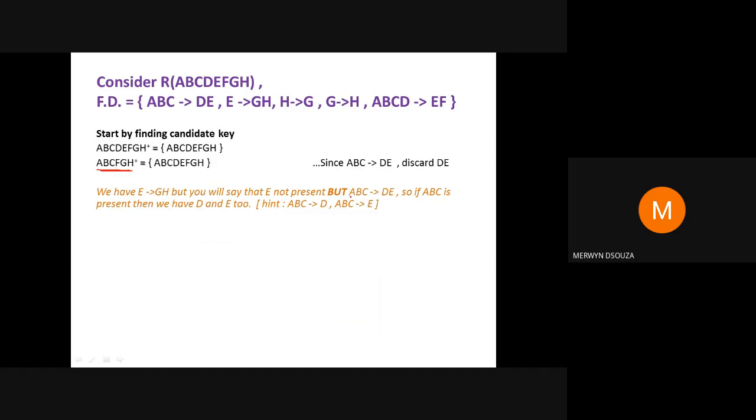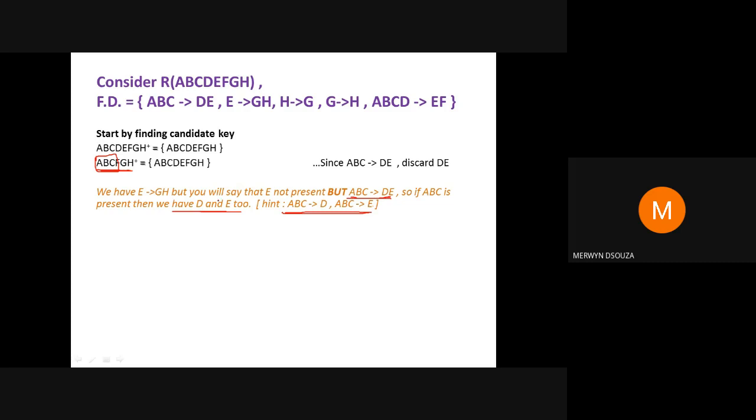Because we have been given ABC determines DE. If ABC is present here, then we have D and E too. How? By applying the splitting rule. ABC will determine D, ABC will determine E.